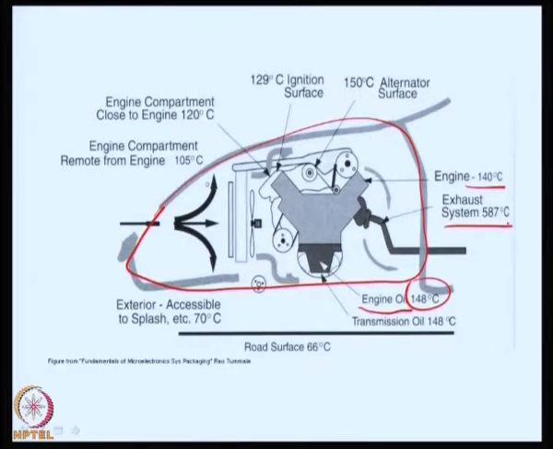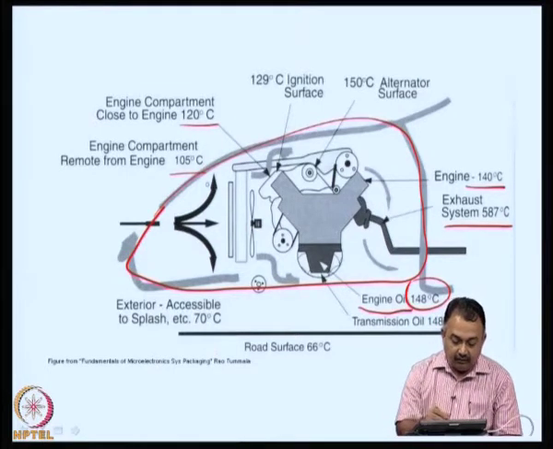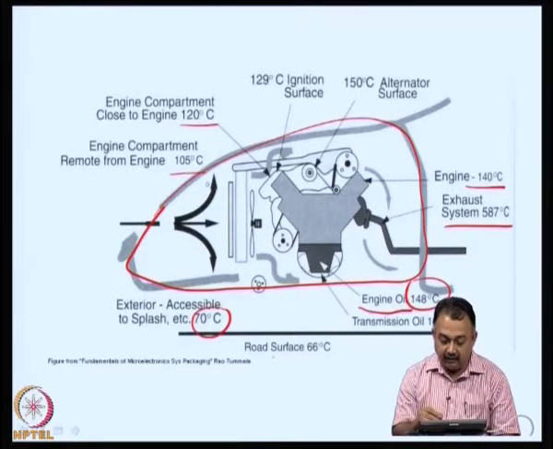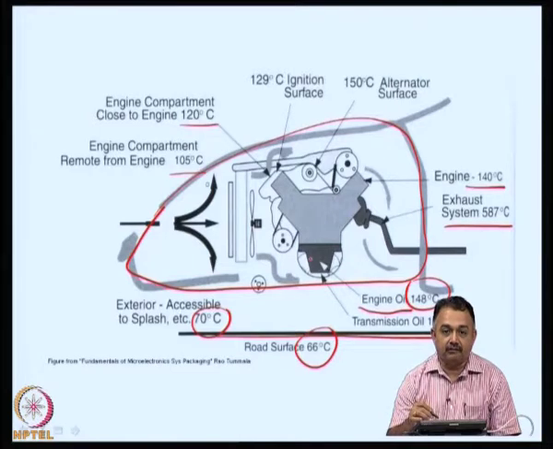Exhaust system is working, exhibiting a temperature around 587 degrees centigrade. Engine compartment close to the engine is 120 C. Engine compartment remote from the engine is fairly better, 105. Exterior around 70, and you can see the road surface, from the friction exhibited when the car is moving, is around 66 degrees centigrade.